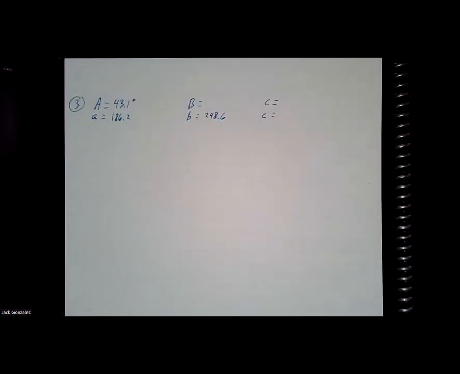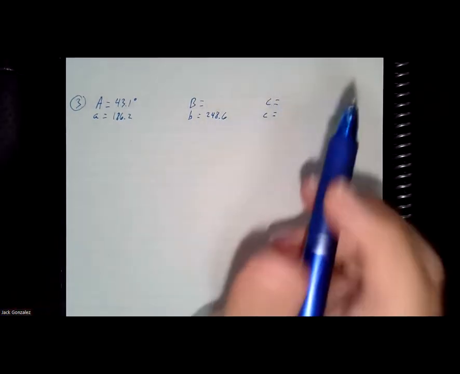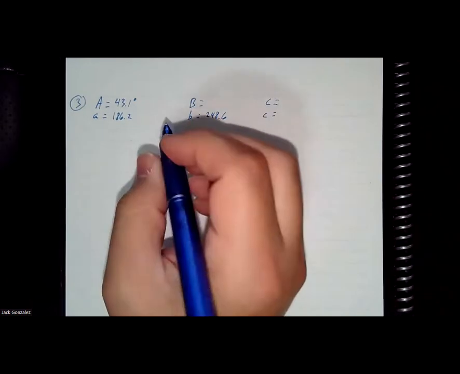On number 3, you only give me 1 angle. So you're going to have to check for two triangles. Number 4 is a law of cosine question. So you don't have to worry about two triangles.